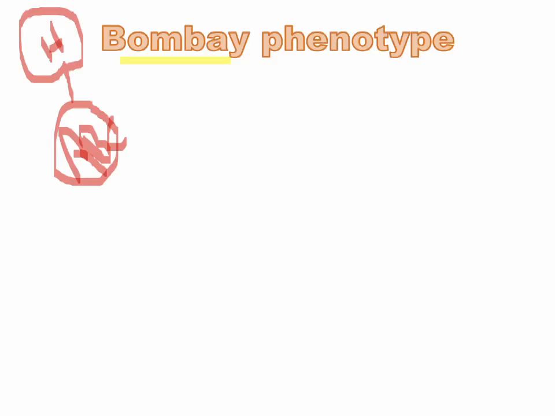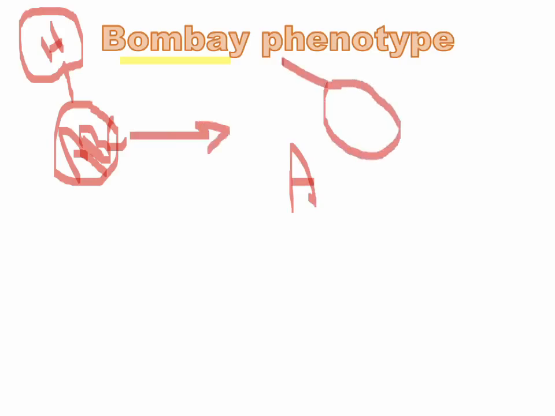So what is the H antigen? The H antigen is the precursor or the starting material for the A and the B antigen. It's the building block of the A or the B antigen. So for a person whose blood group is A, the H antigen will start to form the A antigen, so it will have the H antigen expressed on the surface of the RBC in addition to the A antigen.